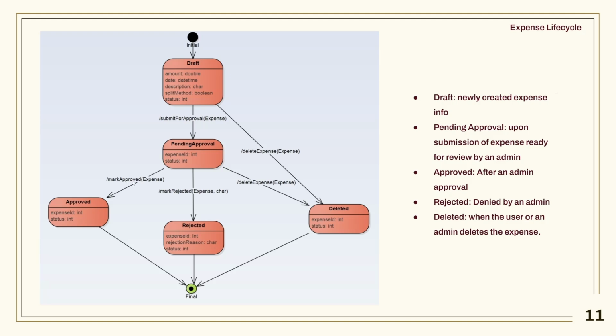If they review and decide to accept that expense, then this method will be triggered, which will mark the expense as approved. If they decide to reject it, then it will be deleted. It will be moved to the deleted stage, but not deleted from the database entirely. The status would be set to 0 or probably 2.